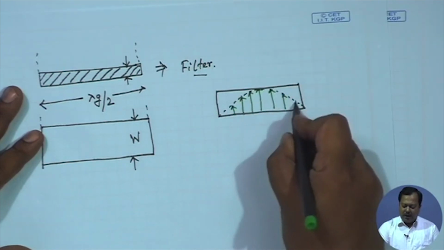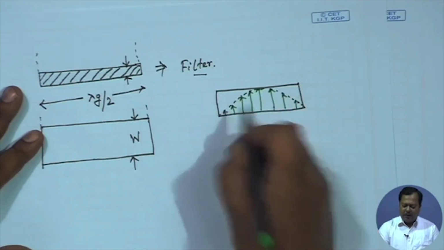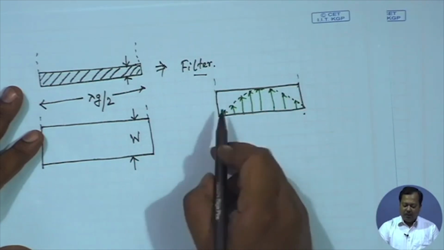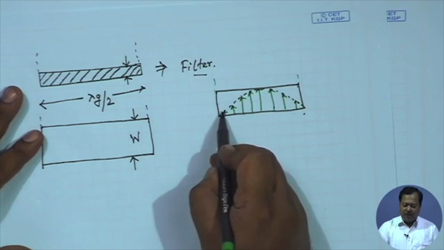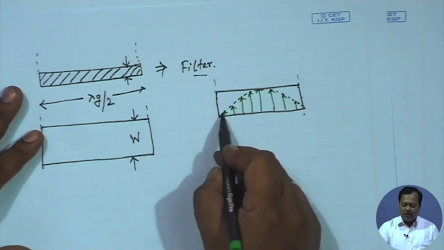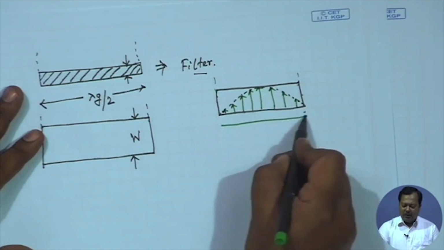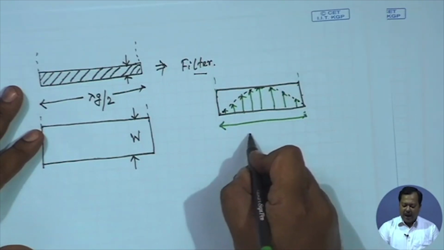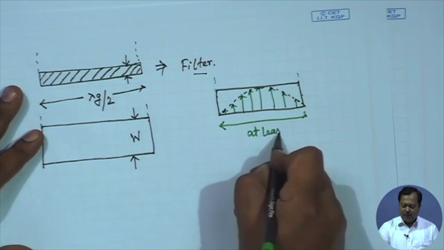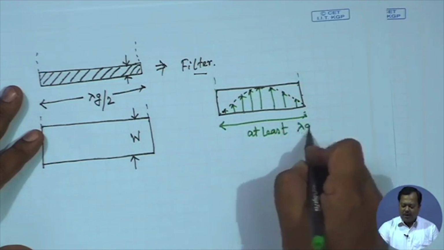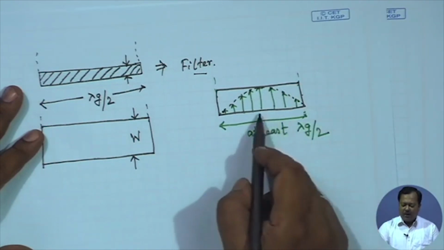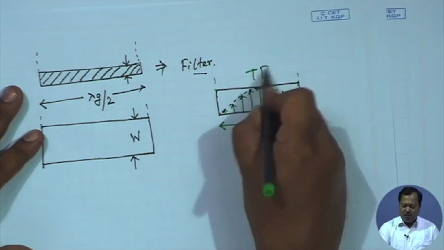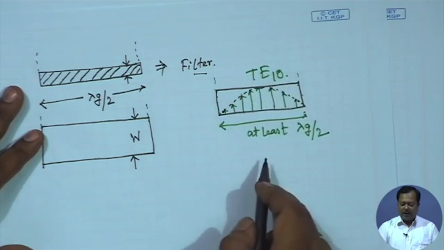So, this electric field component becomes parallel to the side walls of a rectangular waveguide. So obviously then the electric field component will be 0 on the side walls, and this broadside length of the rectangular waveguide should be at least lambda g by 2, otherwise it will not support this TE10 mode excitation.